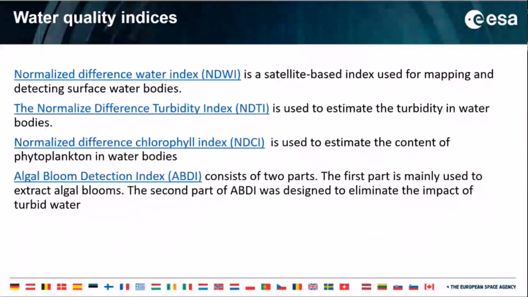This is a very important index to detect surface water bodies. This is for when you have a small inland water body and you would like to delineate it, or you would like to study how this surface water changed with time, because a surface pond or estuary is not fixed.